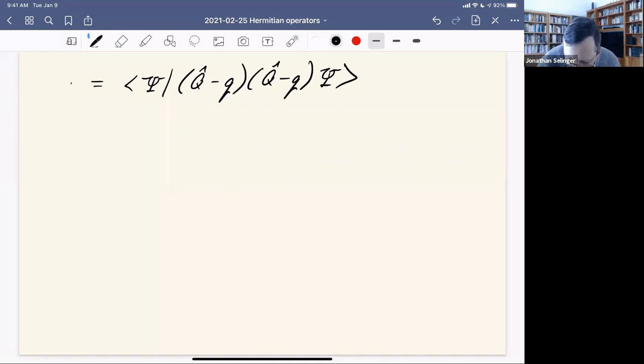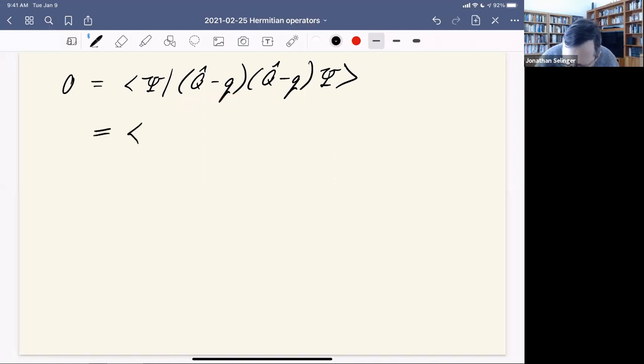Okay, this is what we want to be equal to 0. Now, let's take this combined operator, the big Q minus little q operator, and move it over here. We can do that because it's Hermitian. Big Q is Hermitian and little q is just a real number. So the difference is Hermitian, so it can move to the other side of the inner product.